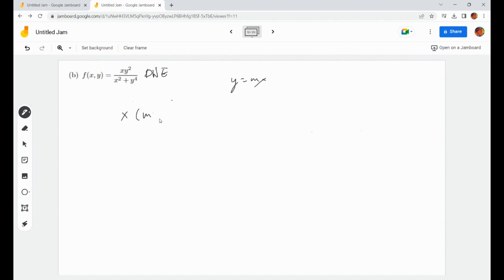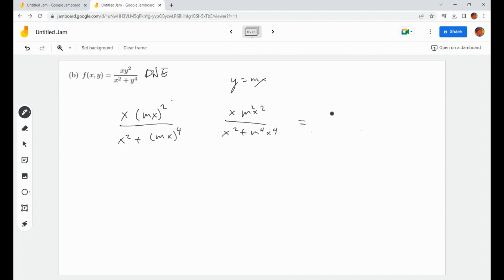But we do mx squared divided by x squared plus (mx) to the 4.